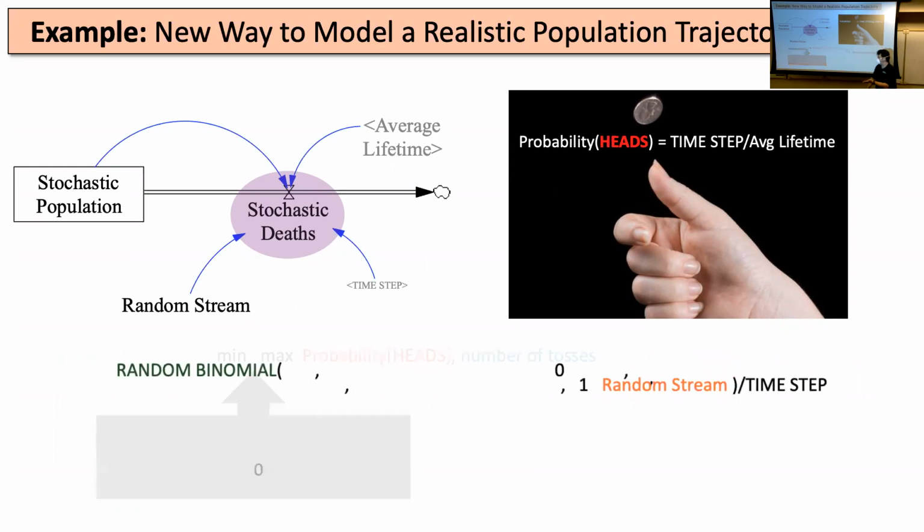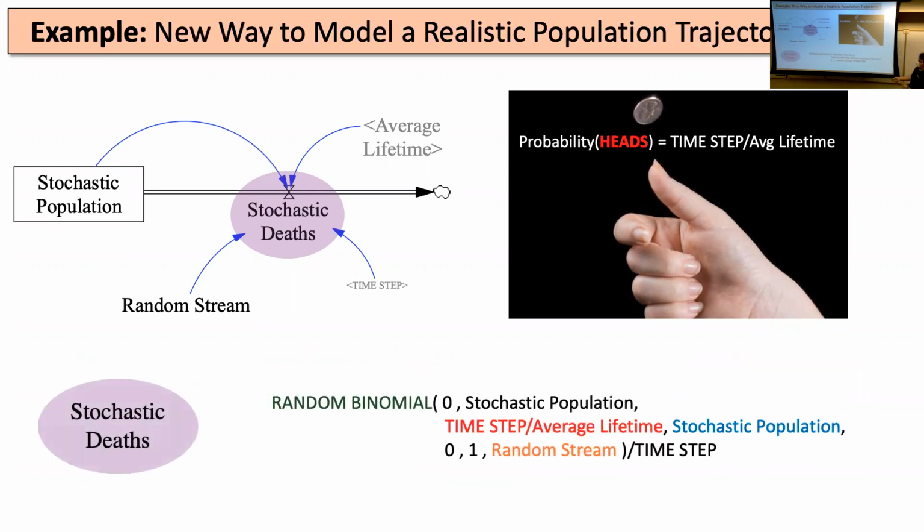So I put all that together, and I get this thing that I could implement inside this Vensim formula right here for the flow. And so it's just, again, the minimum number that could die, 0, the maximum number that could die, the population size, the probability of any one death, which is just dt divided by the average lifetime. Then again, it's the number of flips I have, and that's just, again, the population size.